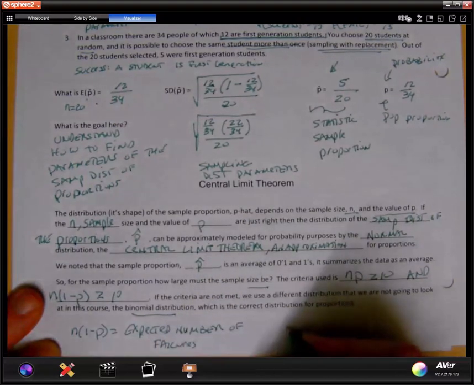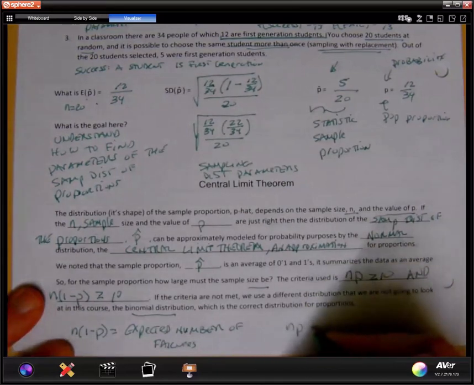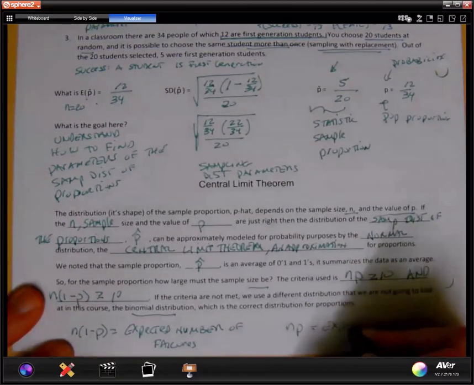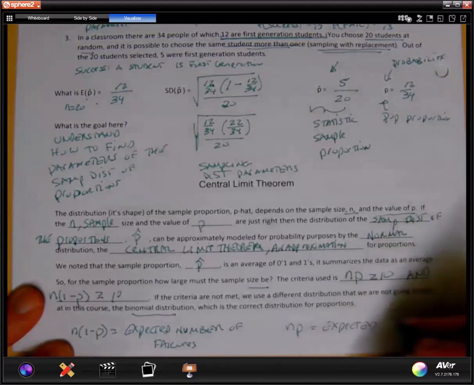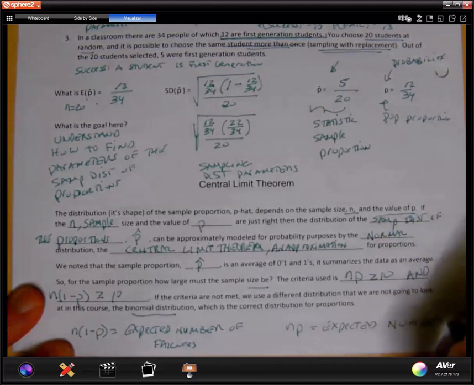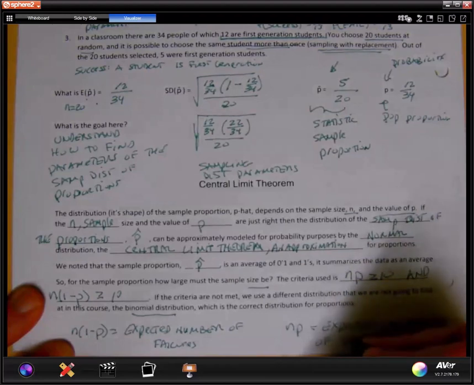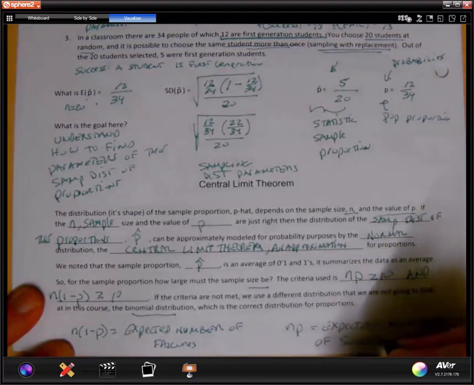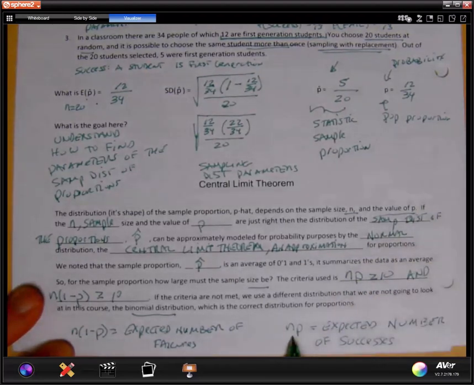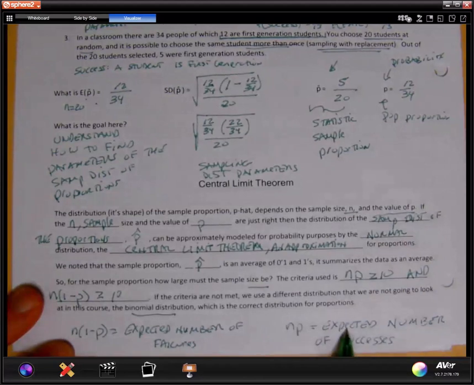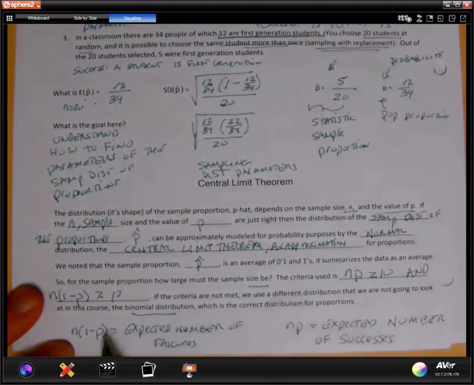And what is n times p? It equals the expected number, again, not proportion, but number of successes. In other words, this number is a sum, the expected number of successes, and this is also a sum, the expected number of failures.